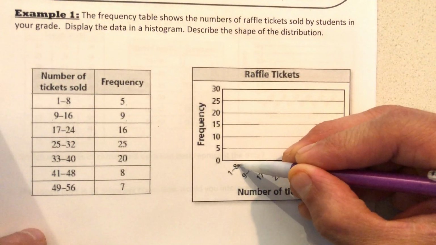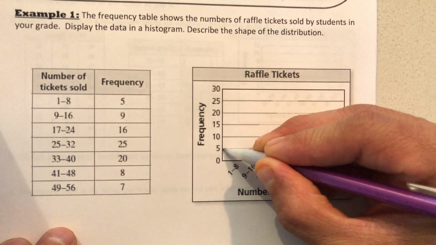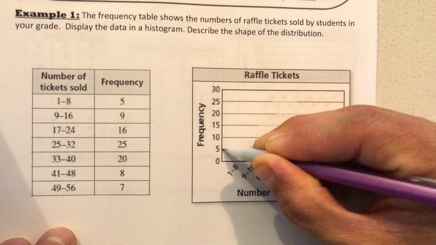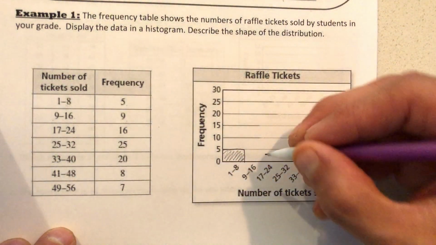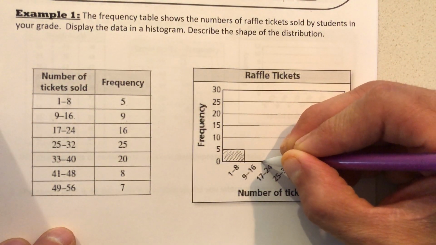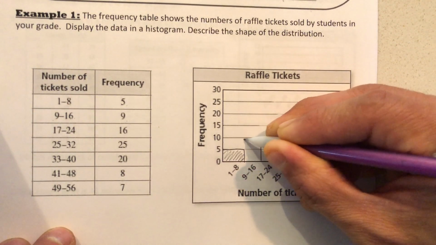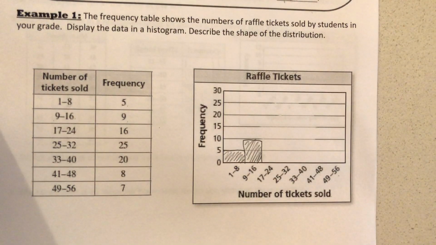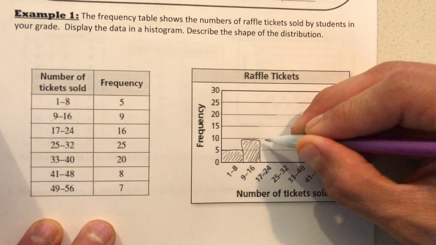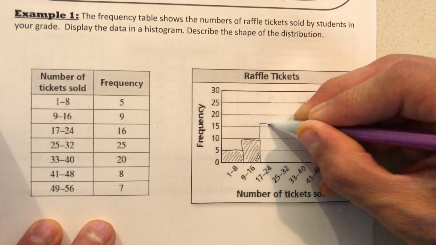So for our 1 to 8 bar, it needs to be as high as 5, which is right there. So we go up to 5, go over, you can shade it in lightly if you want. And then for 9 to 16, we're going to go all the way up to 9, which is almost the 10. And then from 17 to 24, we go all the way up to 16.